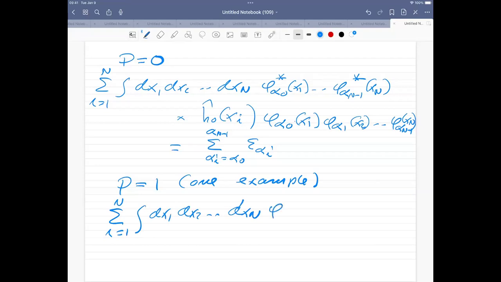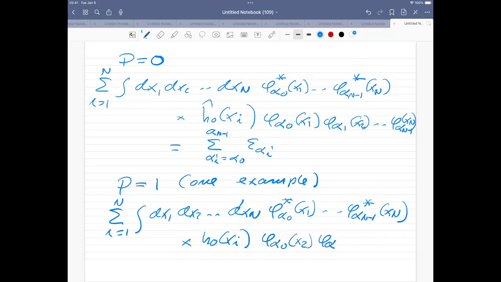This is left unchanged, phi alpha 0 of x1 up to phi alpha n minus 1 of xn. But then I have multiplied with h0 of x i. And now I interchange these two here, phi alpha 0 of x2, phi alpha 1 of x1, and the rest is the same.